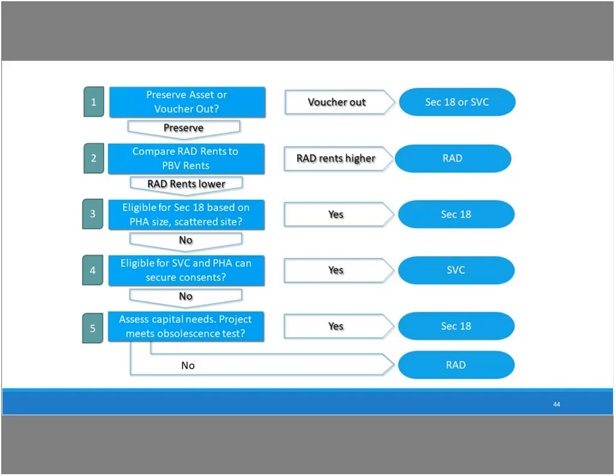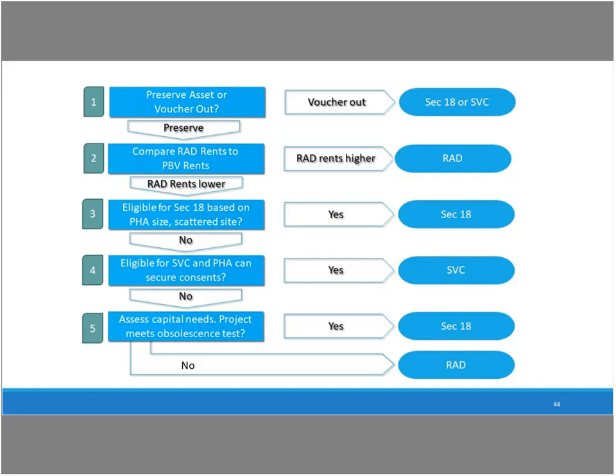And again, here I'm thinking through whether I can preserve my building or not. So if I'm eligible for streamlined voluntary conversion, because I've got 250 or fewer units, and I think that the residents will consent to relinquishing their voucher back to me so that I can project base it in their building, giving them the option to continue to live there, then streamlined voluntary conversion is an option for me to preserve that building.